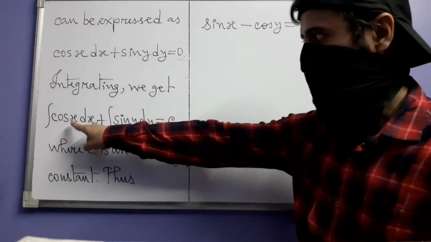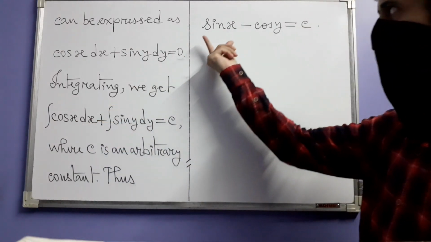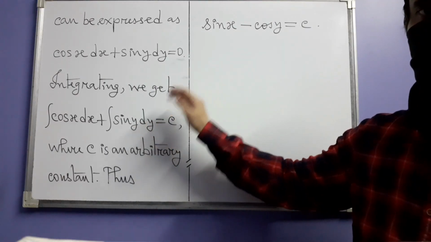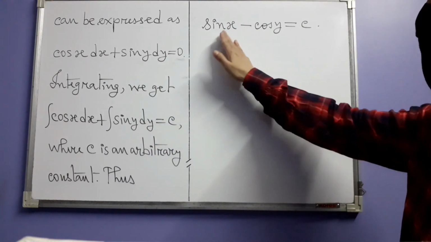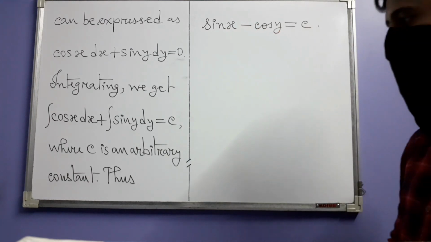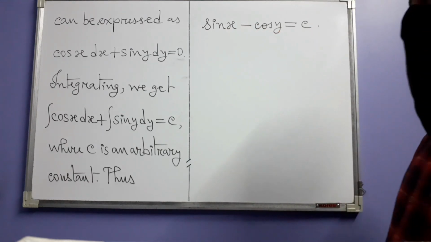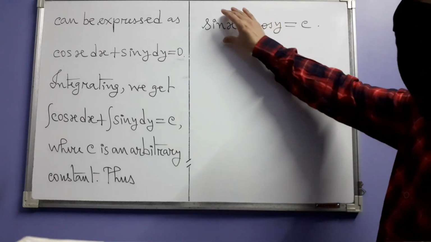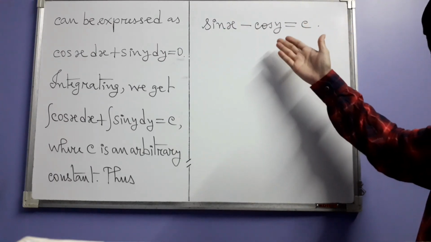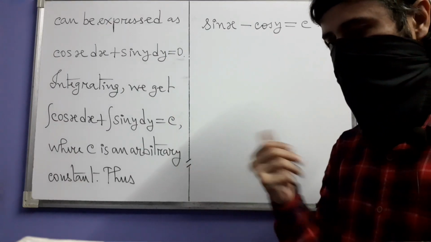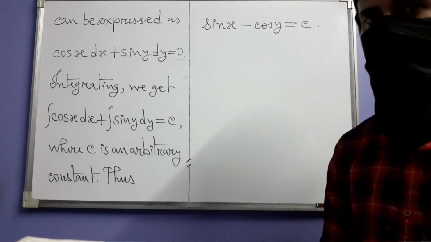So integrating cos x with respect to x, we get sin x. Integrating sin y with respect to y, we get minus cos y. So sin x minus cos y equals c, where c is an arbitrary constant. And again I am telling you that you can see that this is a somewhat complicated relation involving x and y.